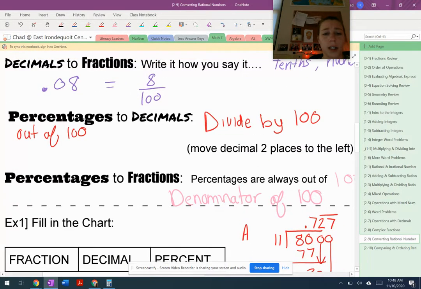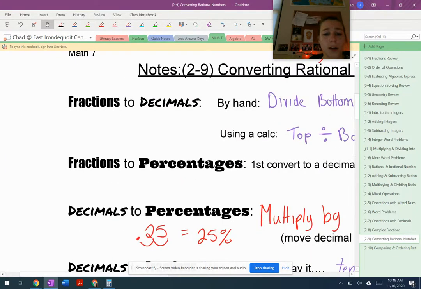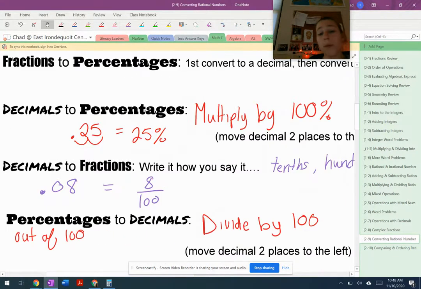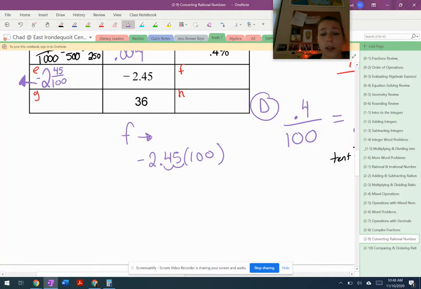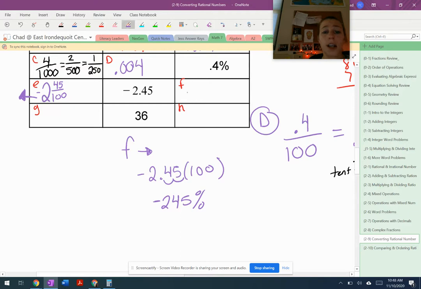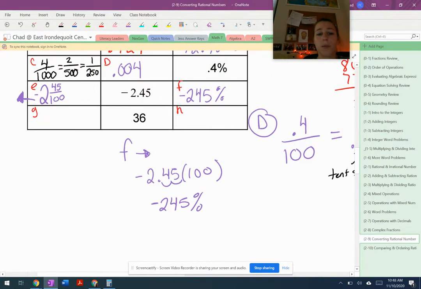We're taking a decimal to a percent. Nope, I'm right. Multiply by 100, like I said. I don't know why I question myself. Move that decimal point 2 places to the right and it's going to be -245%. Yes, I can have a negative percent, and yes, you can have percentages that are higher than 100. They just mean different things that we'll talk about eventually.